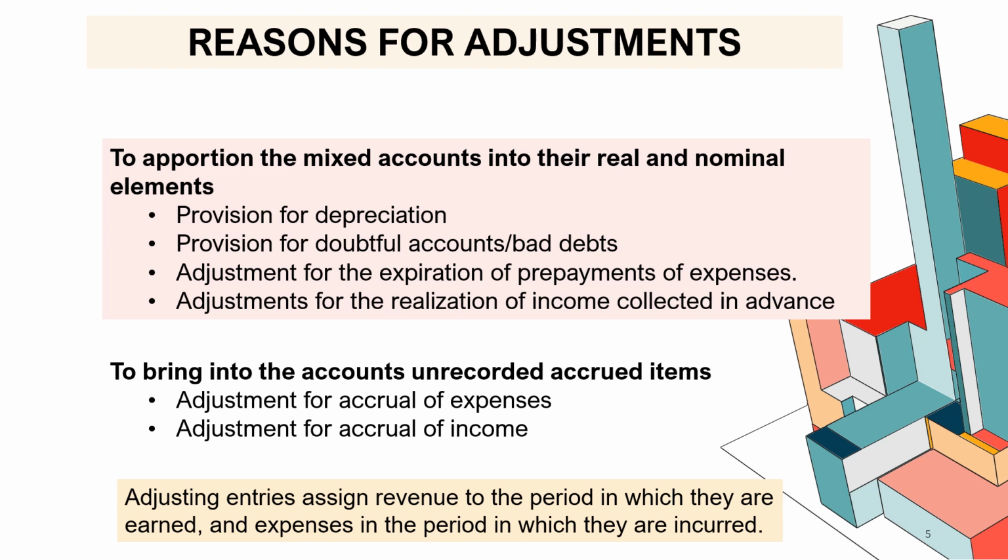Number three, adjustments for the expiration of prepayments of expenses. Number four is adjustments for the realization of income collected in advance. We'll have examples for this apportionment of mixed accounts into the real and nominal elements.